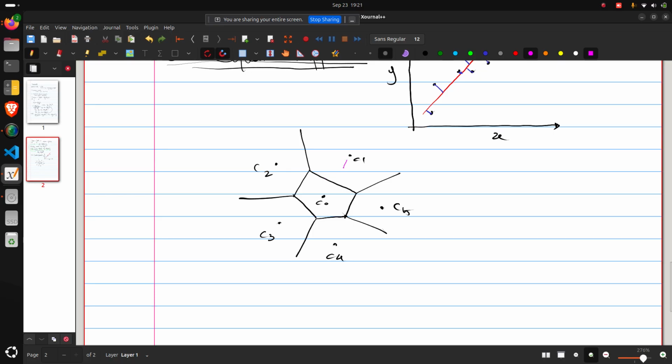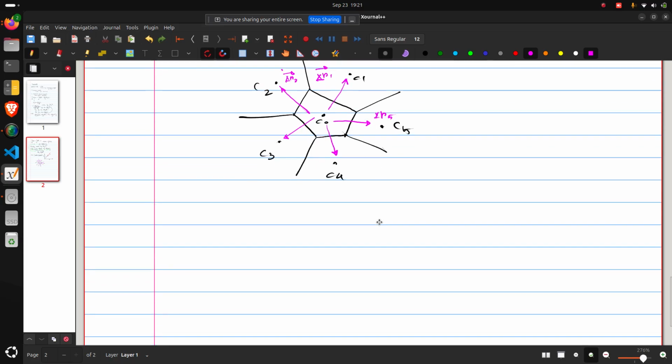For example, we can have a vector pointing this way, which is R1, this one will be R2, and similarly, for the number of neighbors we will have the same number of vectors, up to delta R5.